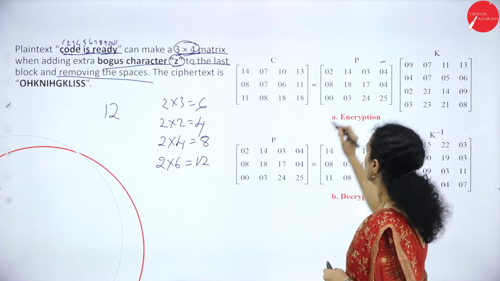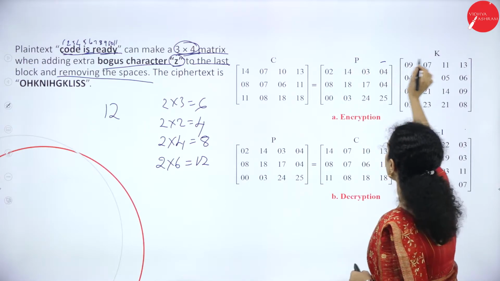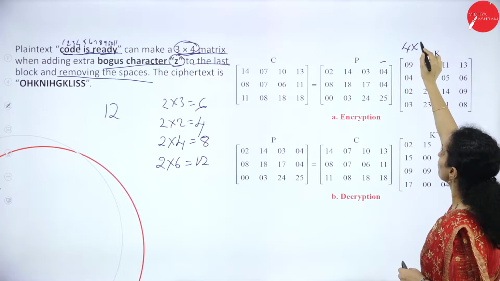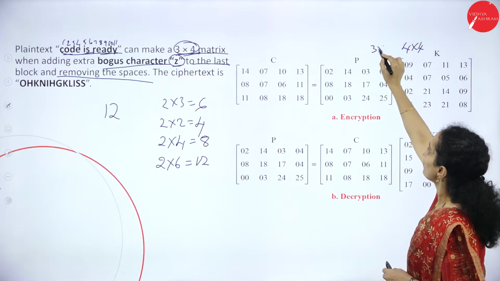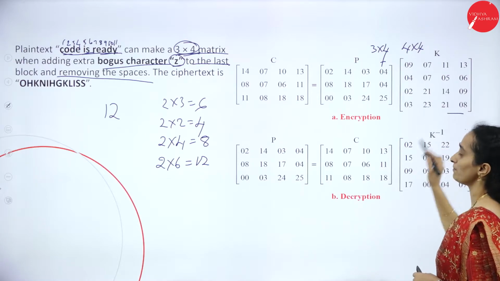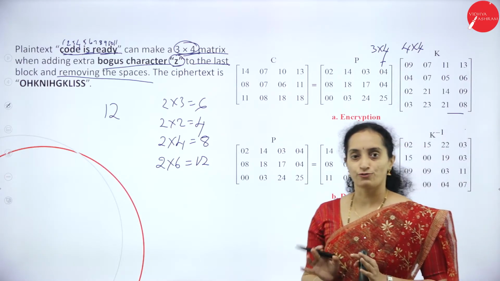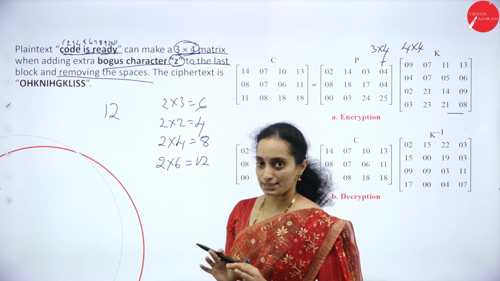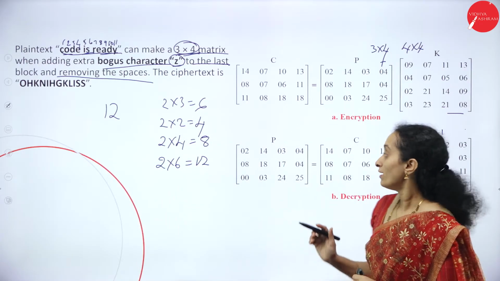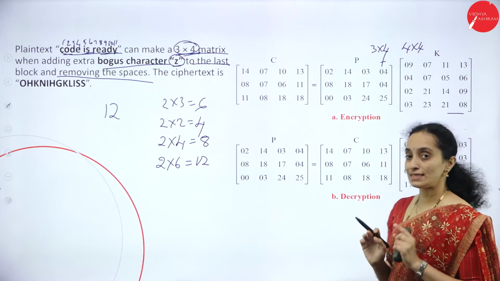We have the plain text and the key matrix. Key has 4 into 4. This is 3 into 4. As we know, the key will usually be 4 into 4 in the Z26 set of keys, because 4 into 4 will make 16.